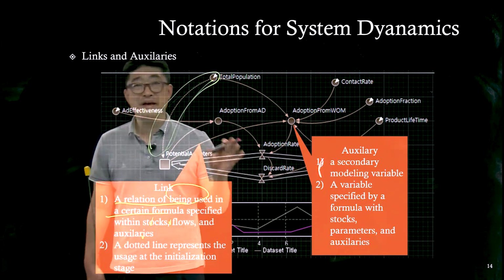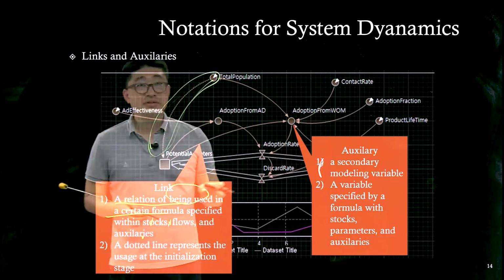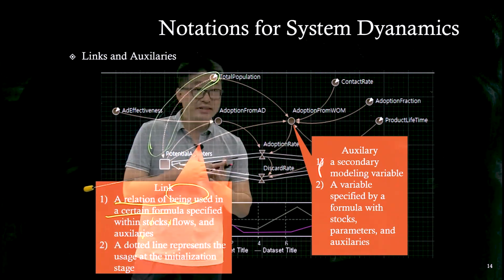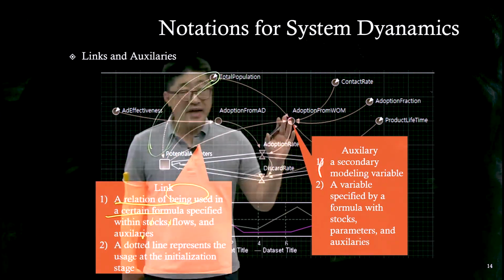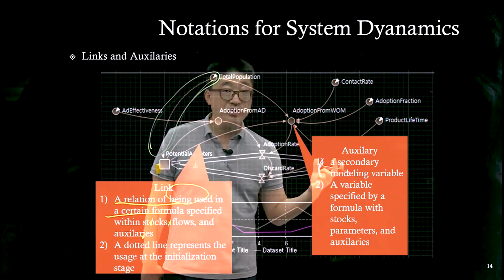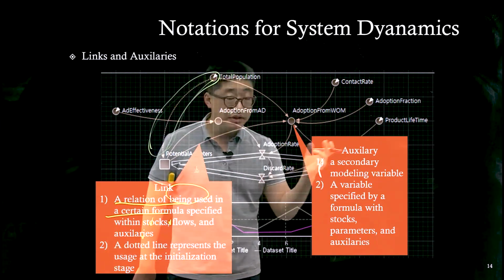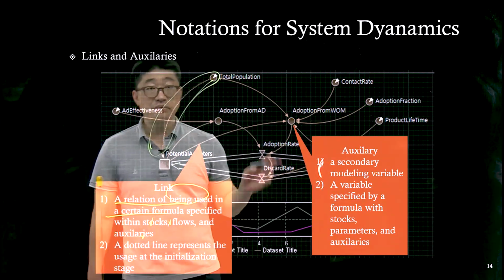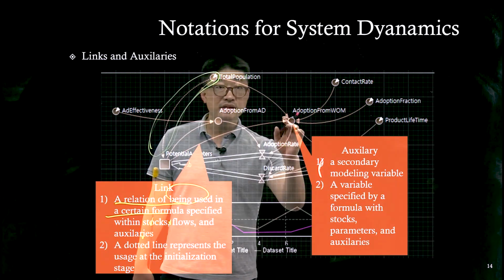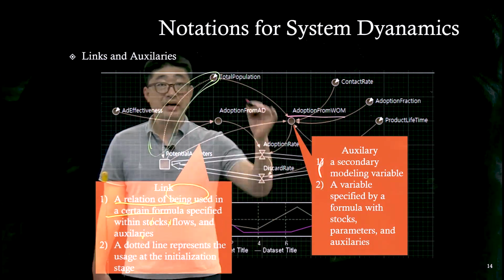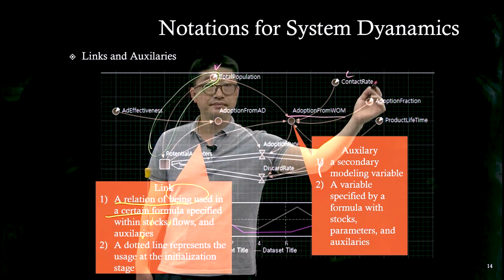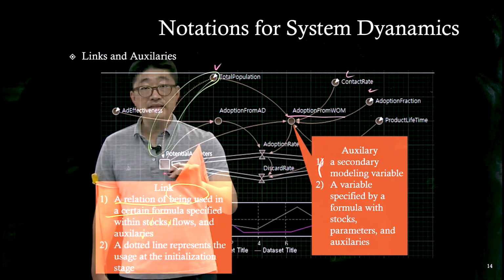However, that will make our model too complex. So we introduce auxiliaries as variables that can hold some information and be reused for many usages. For example, here adoption from word of mouth is affected by these parameters and this stock.